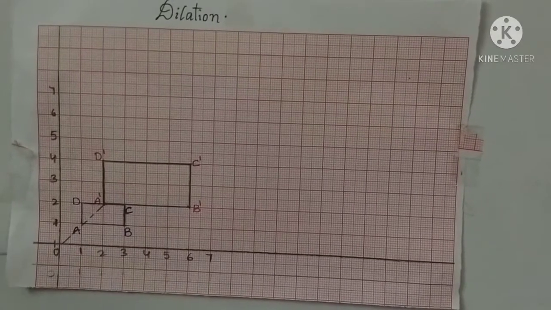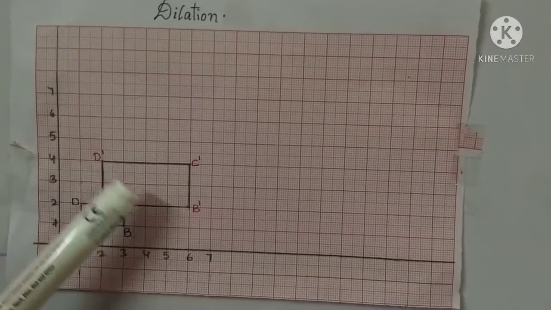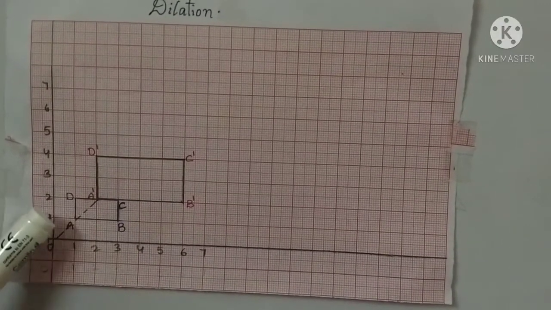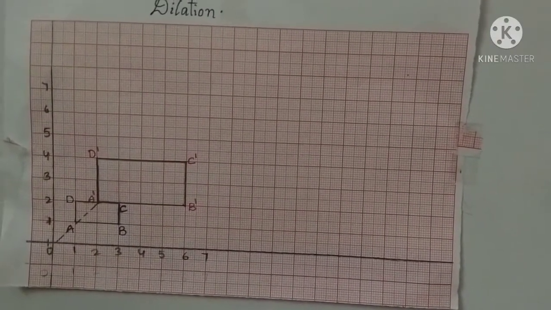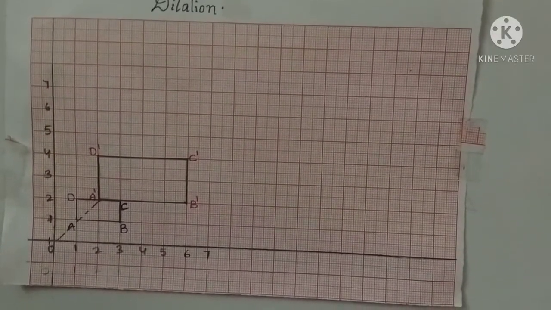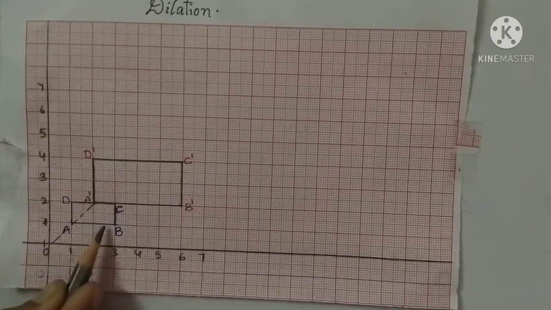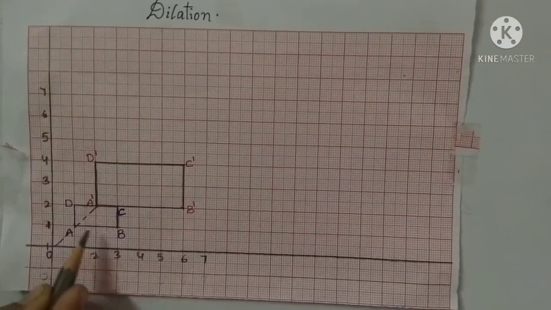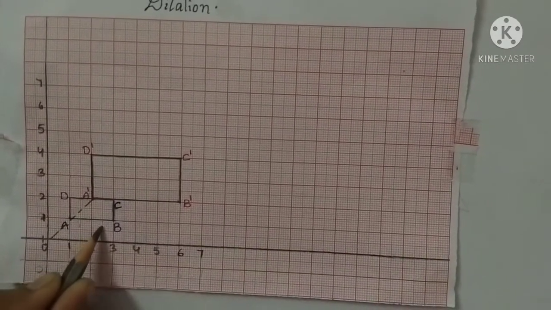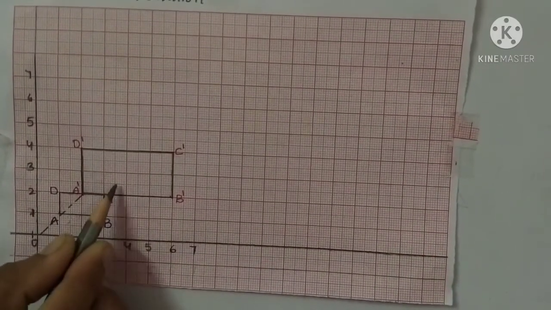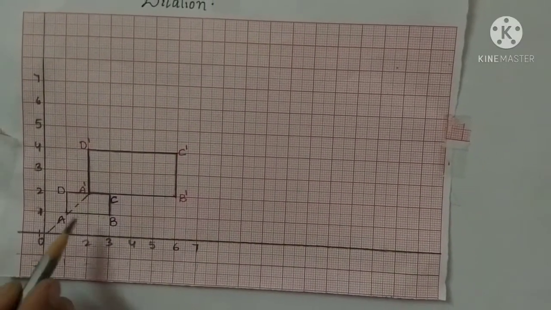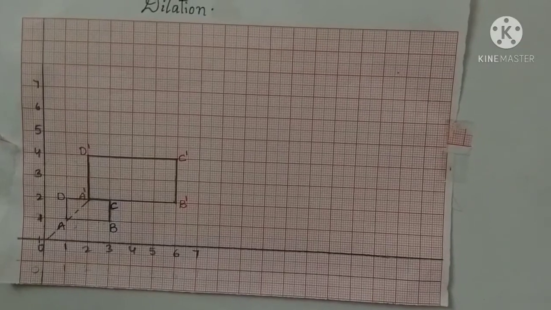So A dash, B dash, C dash, D dash joined form a rectangle which is two times enlarged. Take 2 units, 2 centimeters: here to here is 1 centimeter and here to here 1 centimeter, 1 plus 1 is 2. The enlarged figure is 1, 2, 3, 4 centimeters, so it is doubled.